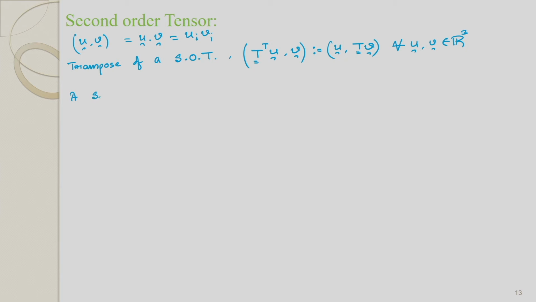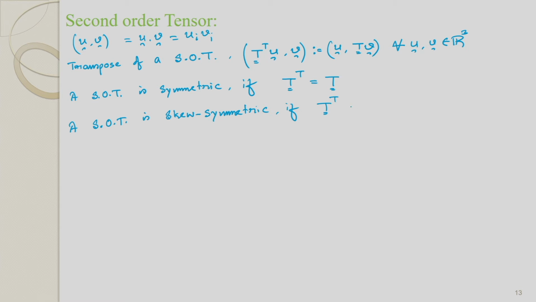A second order tensor is symmetric if its transpose remains the same, whereas a second order tensor is skew symmetric if the transpose of it changes its sign.